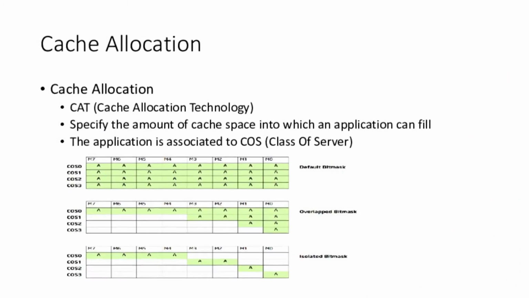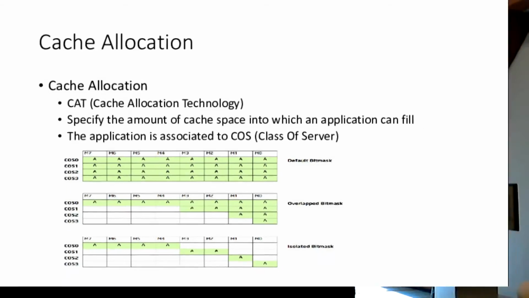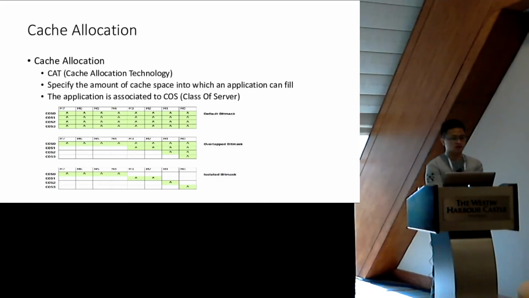Cache allocation can specify the amount of cache space that an application can fill into. Each application can be associated with a COS. COS is a value that can be set in the MSR of the CPU.